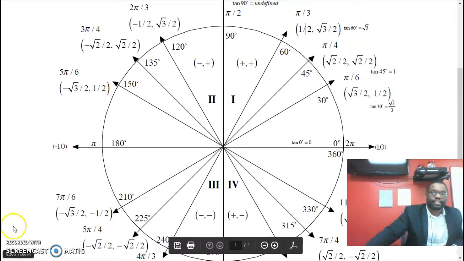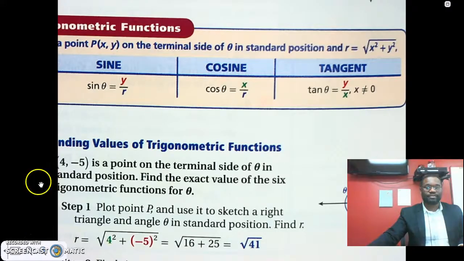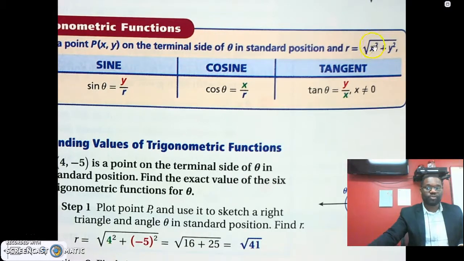Okay? Next. Okay, I said next, but let me just show you this, just to be clear. We don't necessarily need to know this stuff. We actually already have talked about it, believe it or not. Here's tangent, y over x, what I just talked about. R is basically your radius, and you can find that by this formula here.